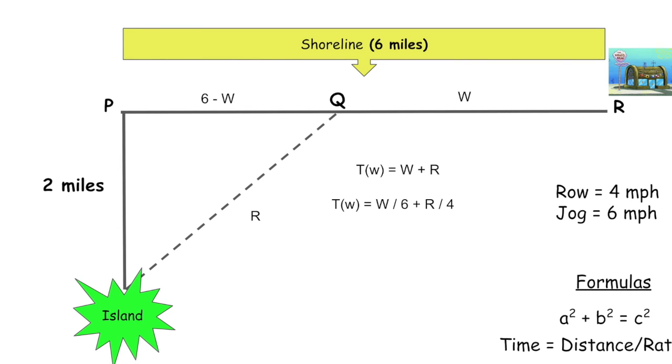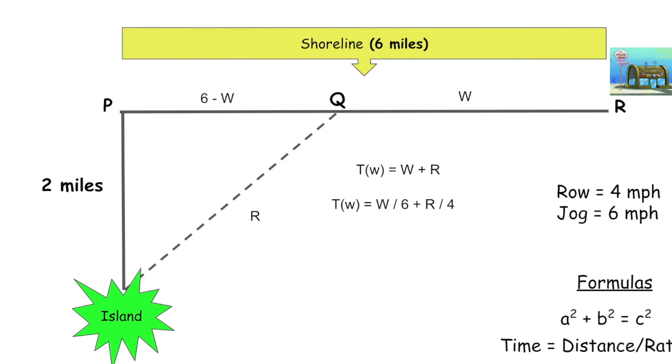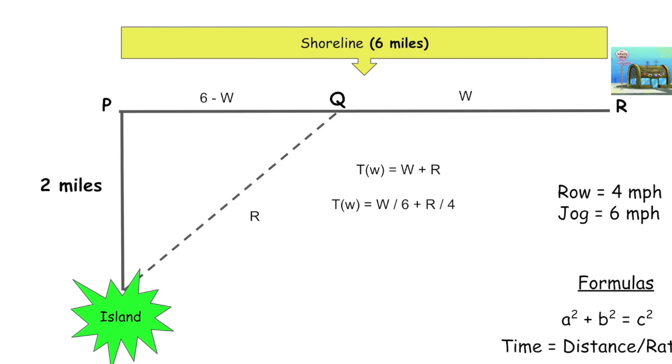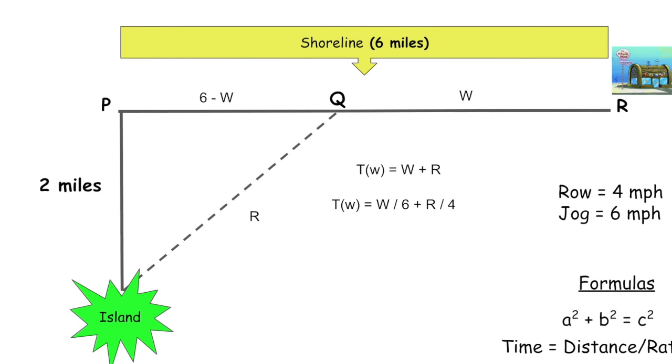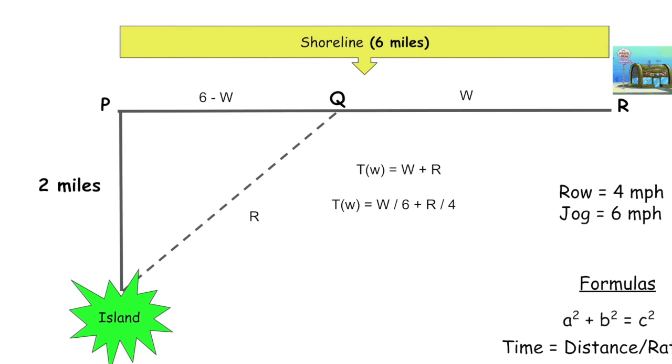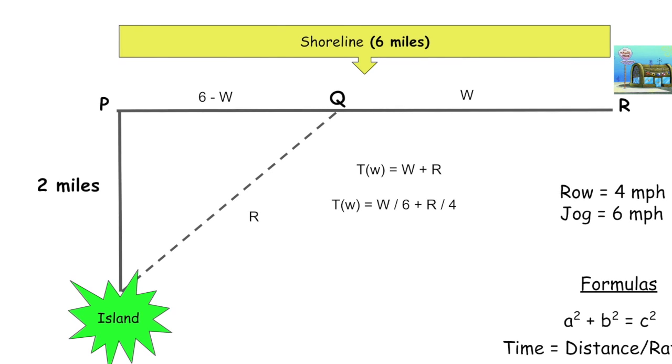We can say that T of W equals W plus R. Now doing this is just adding the distances, which will not give us the time in the end, but using the time equals distance divided by rate formula, we can change that so that T of W equals W divided by 6 plus R divided by 4, or the total distances of rowing and walking/jogging divided by their rates.